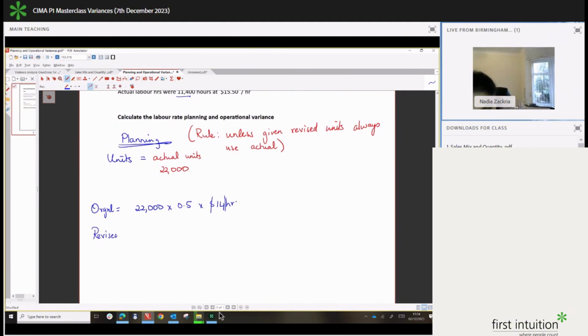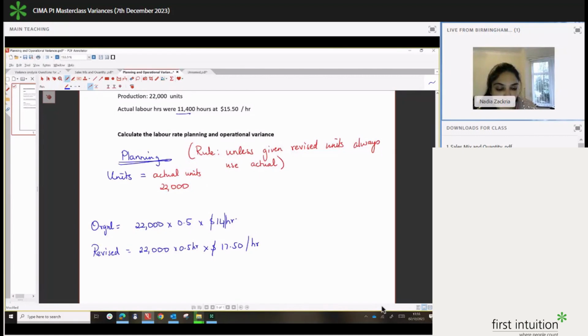However, we've got to revise that: 22,000, half an hour per unit, but this time at $17.50 per hour. 22,000 times 0.5 is 11,000 hours at $14 per hour.